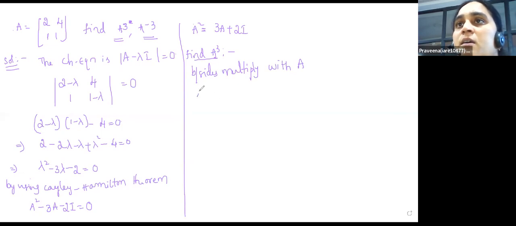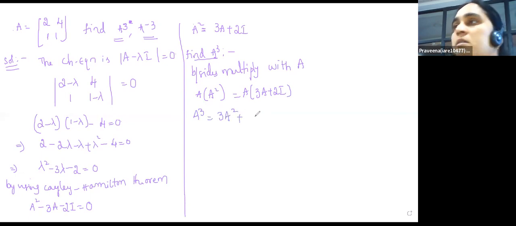A into A square is equal to A into 3A plus 2I. For that, A cube is equal to 3A square plus 2A into I. That is, A cube is equal to 3A square plus 2A. Then what is A square? Just multiply and tell me.